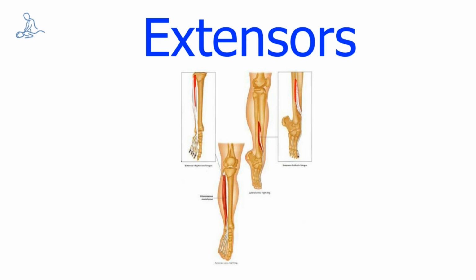The insertion of the extensor digitorum longus is the dorsal surface of toes 2 to 5. The action of the extensor digitorum longus is to extend the toes, dorsiflex the ankles, and evert the foot.